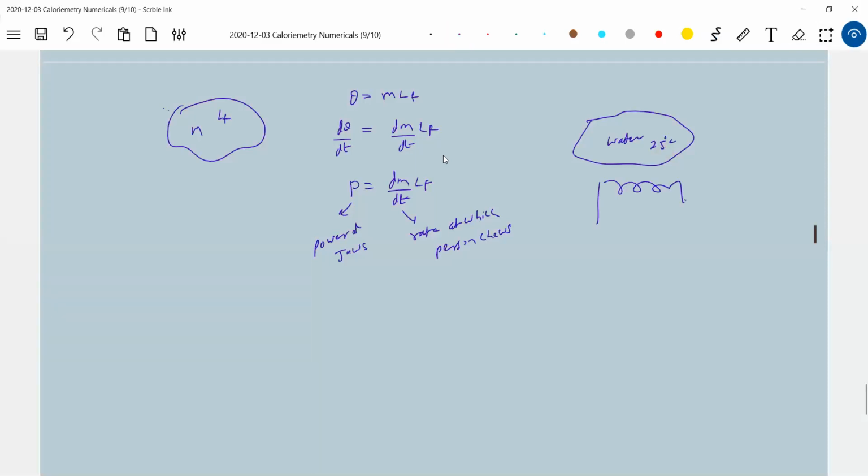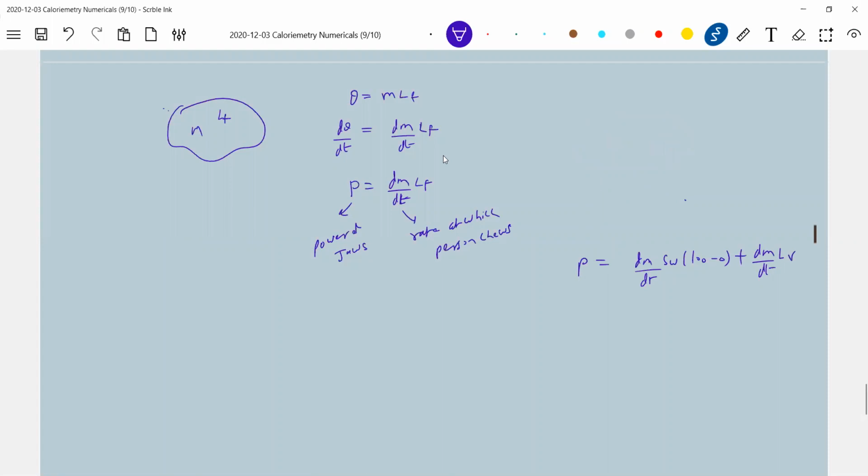Then again, it should vaporize it. So what should be the power? The power is dm by dt into specific heat into 100 minus 0, plus dm by dt into latent heat of vaporization. This is what the steam is; I'll draw the diagram so that you'll come to know what actually you're studying.